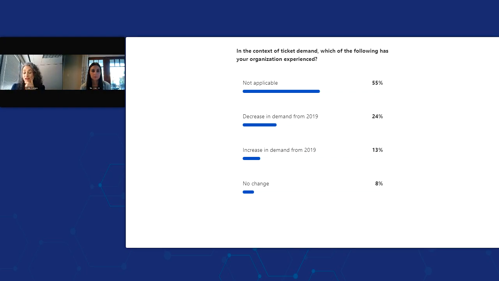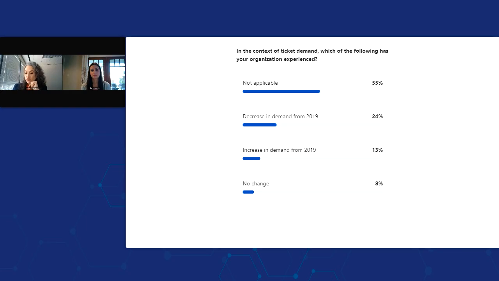So we've got only 12.5% with an increase in demand since 2019, 24.3% with a decrease in demand. Oh, nice. 8% have returned to level, and 55% not applicable. All right.